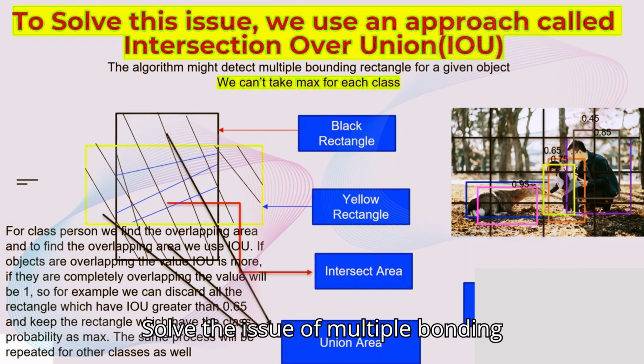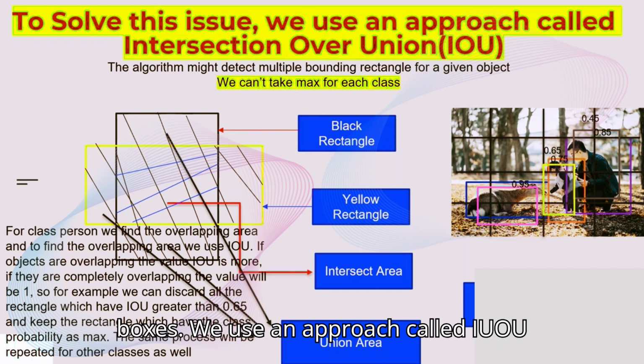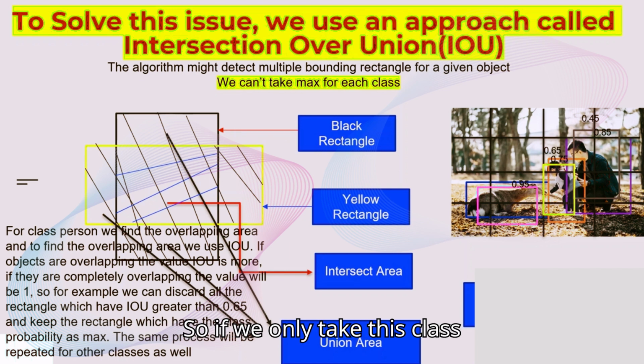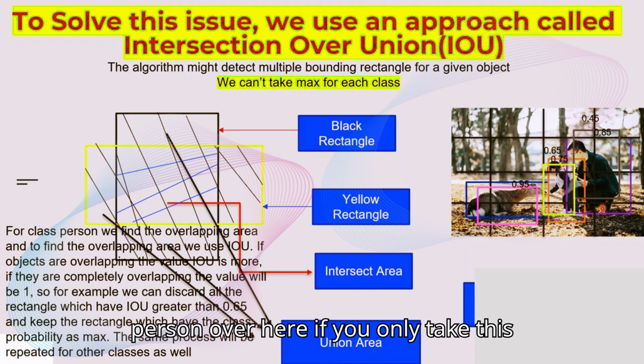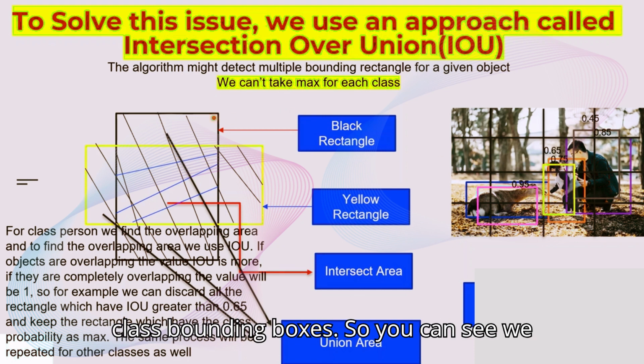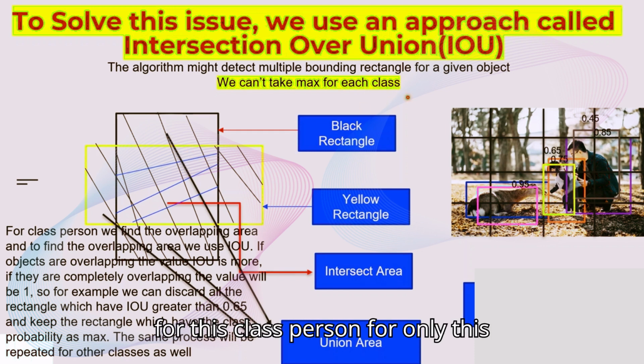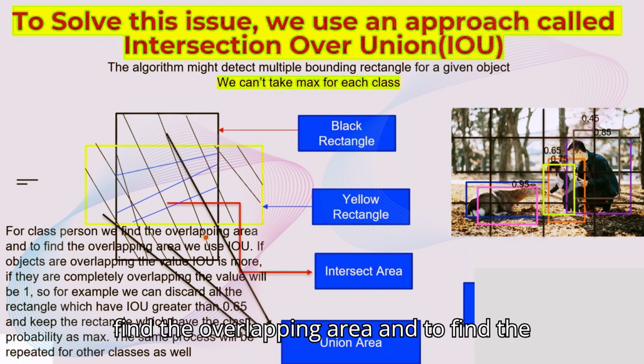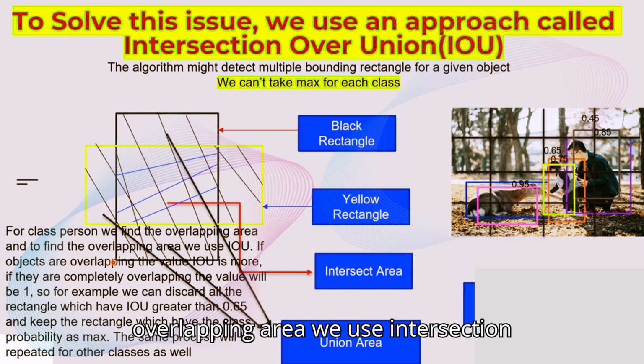To solve the issue of multiple bounding boxes, we use an approach called IOU, which means intersection over union. If we only take this class, person, you can see we have two bounding boxes for this person. For class person, we find the overlapping area, and to find it we use intersection over union.